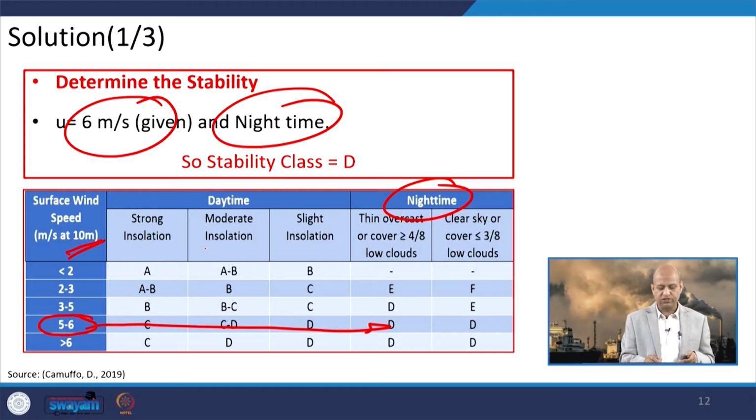Daytime: strong insolation, moderate insolation, slight insolation. So, in daytime these conditions will determine the stability according to the wind speed. At night time, overcast or cloud cover is more than 4 by 8 or less than 3 by 8. So, those categories are there at night time, and in daytime there are 3 categories according to the sunlight strength.